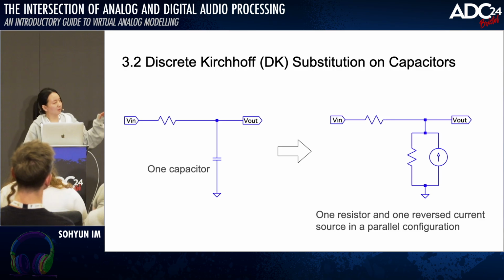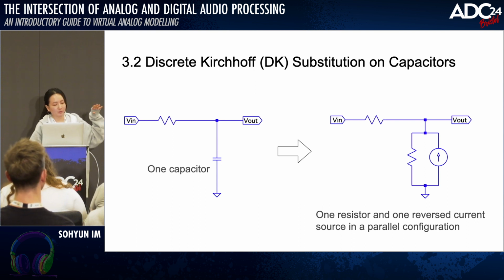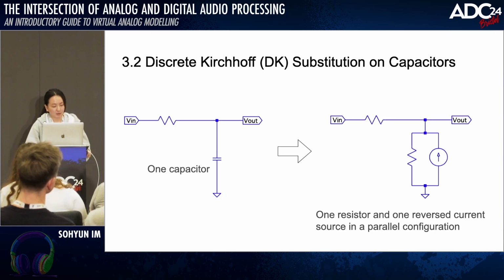But if this substitution is true, when you want to find the voltage across the capacitor, you can just find the voltage across the resistor, because this resistor and the reversed current source are configured in a parallel circuit. In a parallel circuit, the voltage across every point is the same.